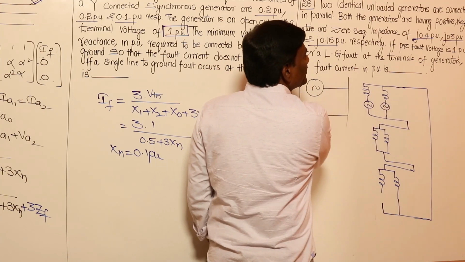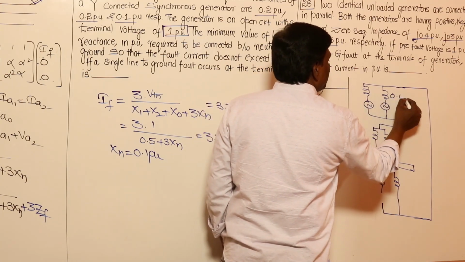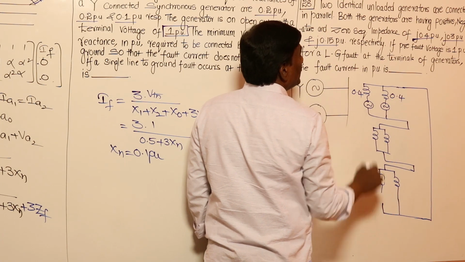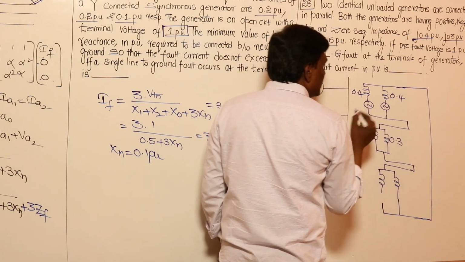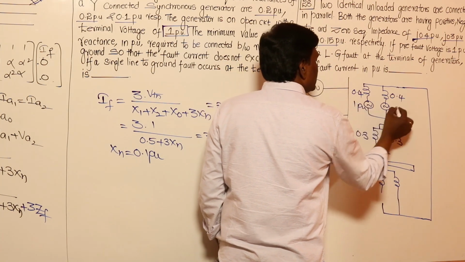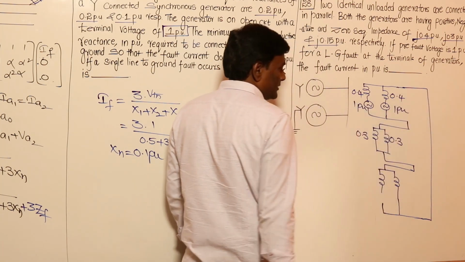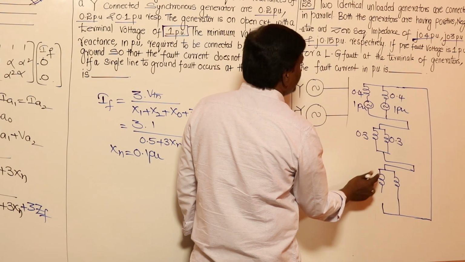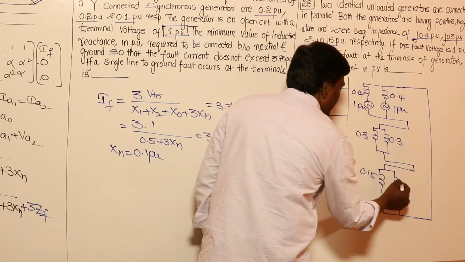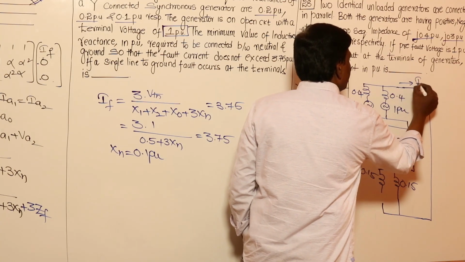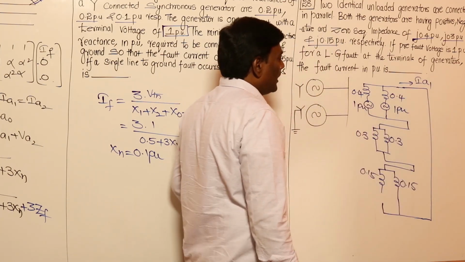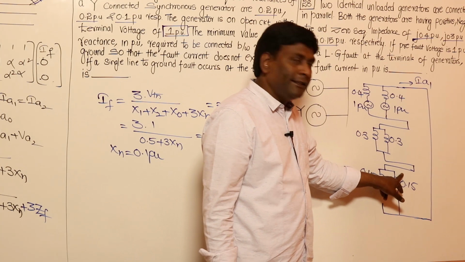This positive sequence is going to be 0.4, and negative sequence is going to be 0.3, and this is 1 per unit, this is 1 per unit induced voltages, and here zero sequence is going to be 0.15. So the current is going to be IA1 or IA2 or IA0.